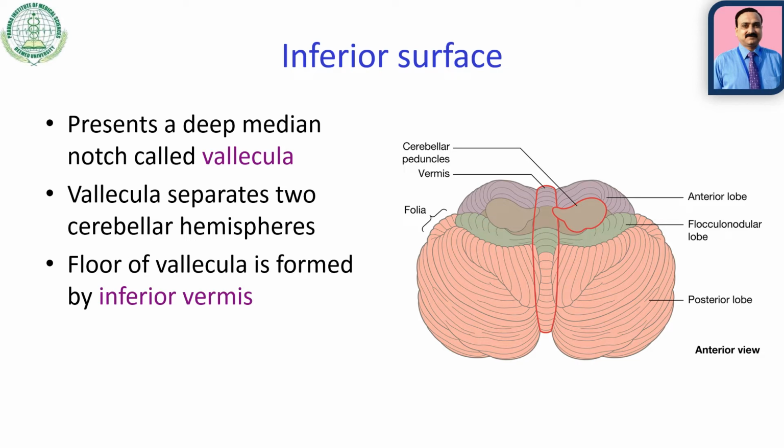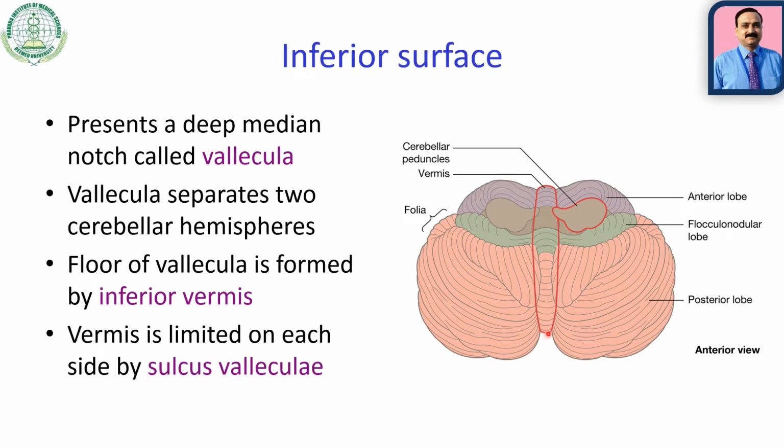The floor of the vallecula is formed by the inferior vermis. Vermis is limited on each side by the sulcus valleculi. So the lateral end of the vallecula is called the sulcus valleculi.